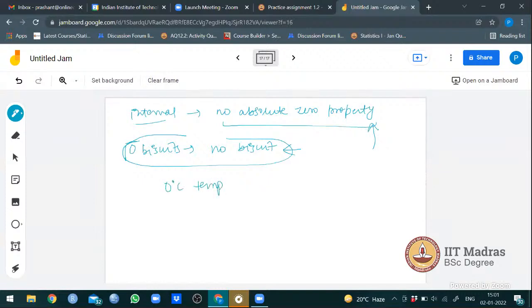You can't say there is no temperature; there is some temperature at 0°C.